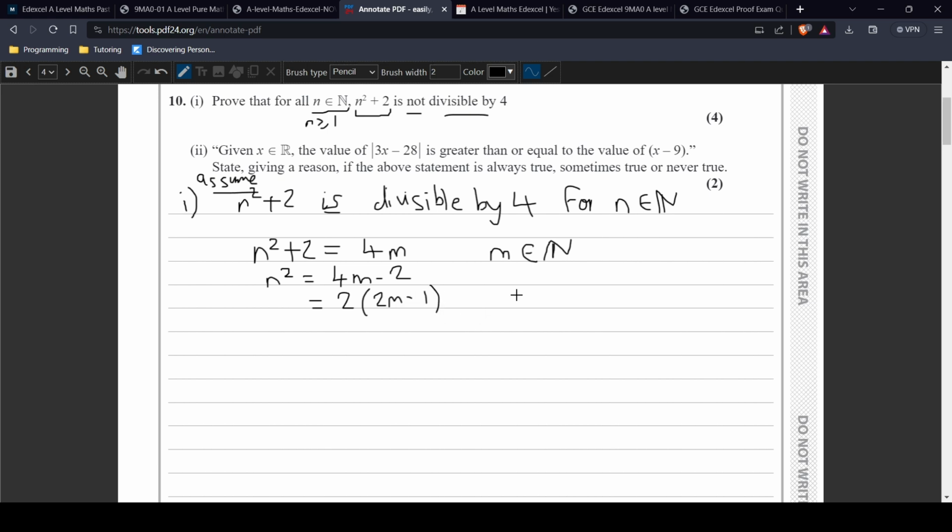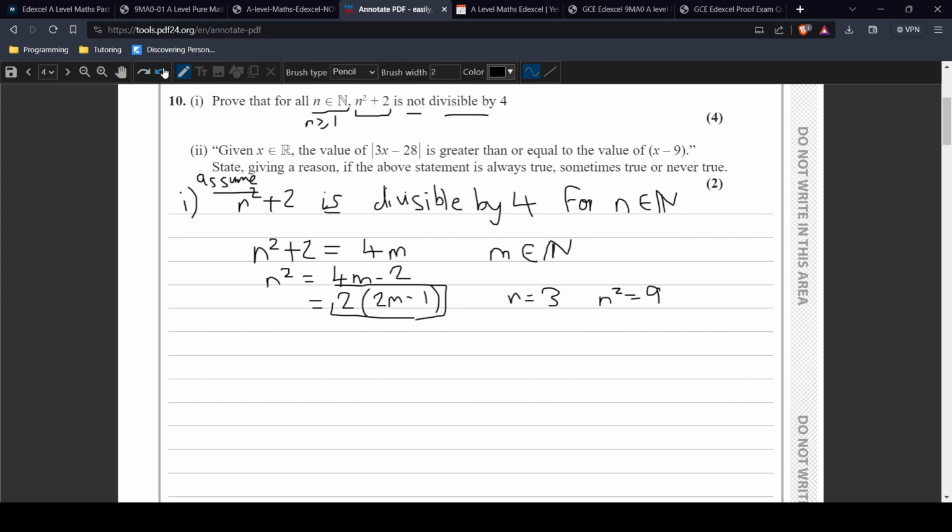So what we have now shown is that for every natural number n, the square of n is even, because it's 2 times some whole number. But we know that this is not the case, because if we take, for example, n equal to 3, then n squared is equal to 9, and 9 is not an even number. So therefore our assumption is false, and therefore we've proven our original statement.